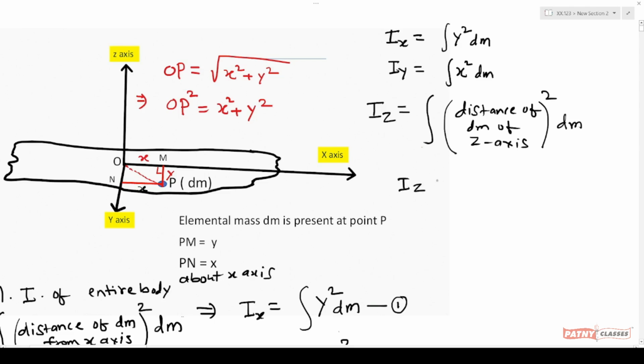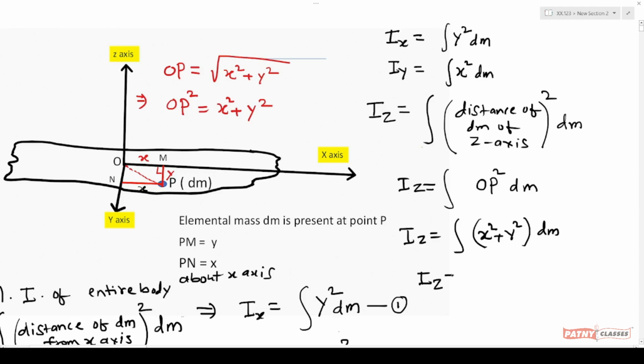So Iz equals the integration of OP square dm, which is the integration of x square plus y square with respect to dm. Now separating the integration, Iz equals the integration of x square dm plus the integration of y square dm.